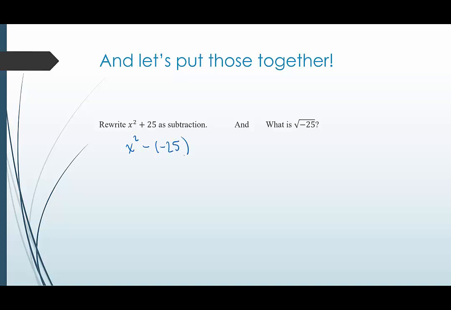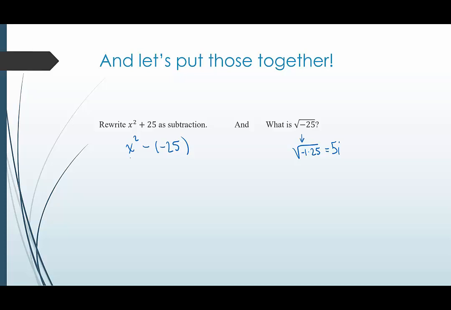Now at least the x squared is a perfect square. Let's talk about negative 25 and what its root is. If we want to take the square root of negative 25, I would split up the negative from the 25 and say that's negative 1 times 25. Well, the square root of negative 1 using complex numbers is i, and the square root of 25 is 5. So I'm going to put the 5 in front of the i, and there we go.